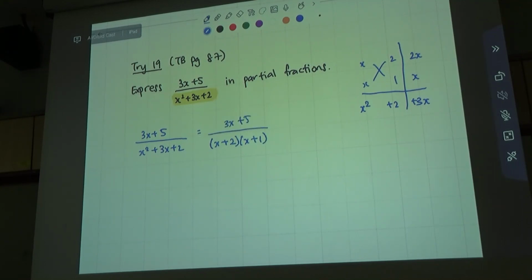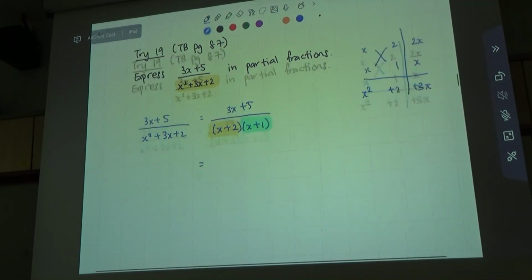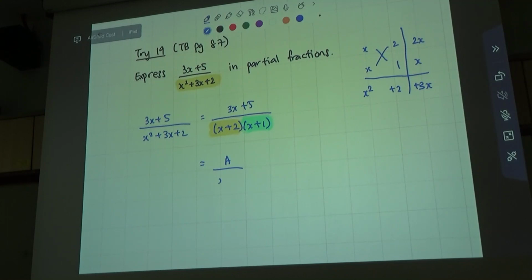So now that we have done the factorization, it is still our type 1, whereby we have linear factors. I still have my linear x plus 2 and linear x plus 1. So what does that break out into? It gives me a over x plus 2 plus b over x plus 1.